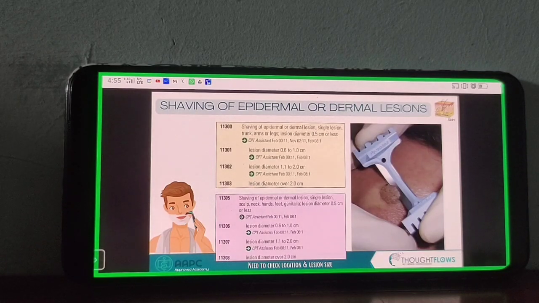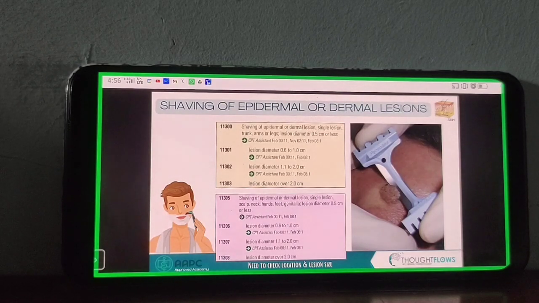Now, guys, please listen. Trunk 1 centimeter and leg 2 centimeter. Do trunk and legs come under the same group or a different group? Same group. Trunk and legs come under 11300, so they are present under the same group.